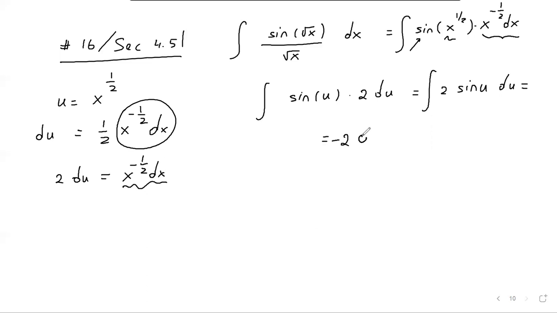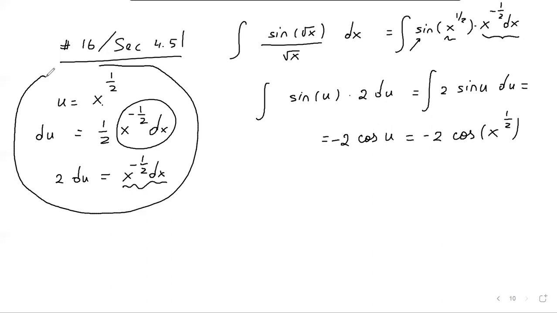So negative 2 cosine, we'll put directly u, and that's going to be negative 2 cosine of x to the 1/2, because u was x to the 1/2. Remember, that's my substitution. So again, folks, it's key what you write here on the left side to work on the right side, plus a constant c if you need that. And I am going to box this formula, and that's going to be my last problem of the day.